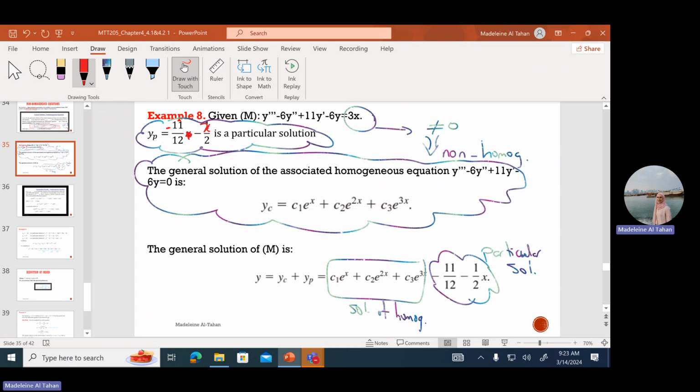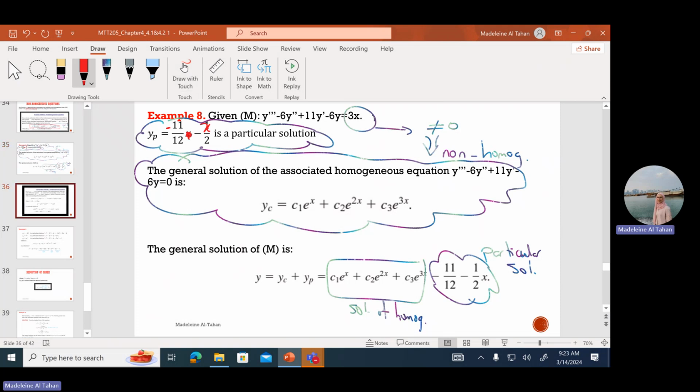Here, g of x is equal to 3x. What if we have, after the equal, 3x plus tangent x plus e power x? So we have three different functions that are not related to each other. It means that we will have how many particular solutions? Yes, yp1, yp2, and yp3.